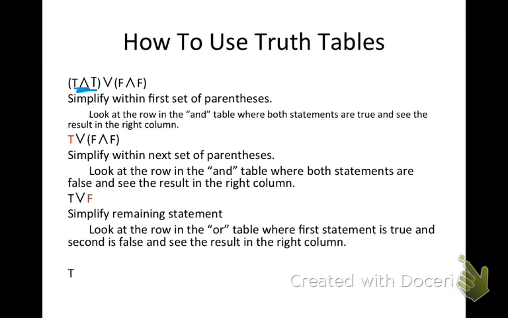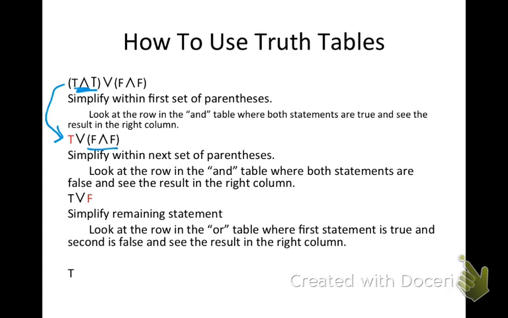I look in the AND table, and if you have the notes printed out, you can look, or I just know that a true and a true, oh yeah, that's how I get a true from a compound AND statement. So this set of parentheses becomes this red true here.